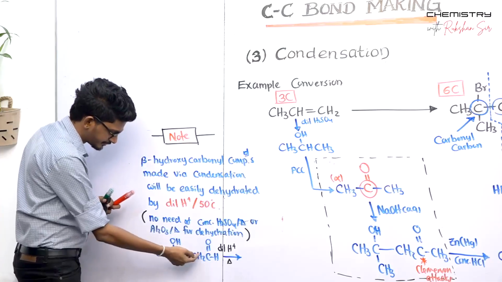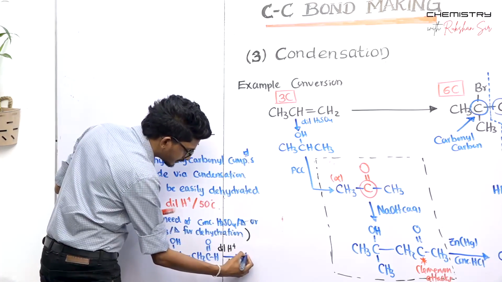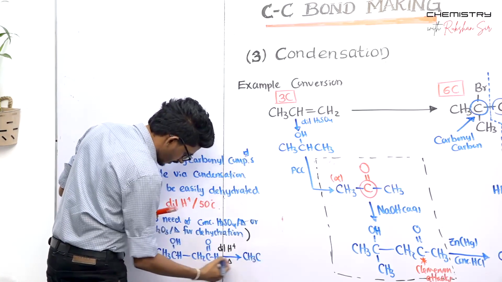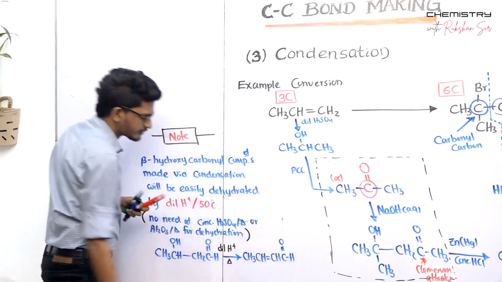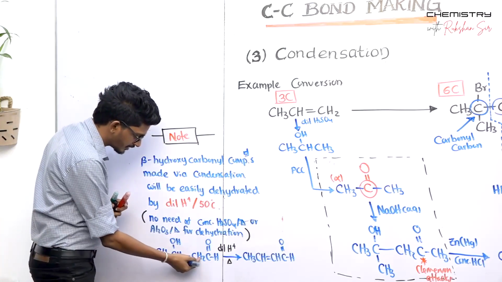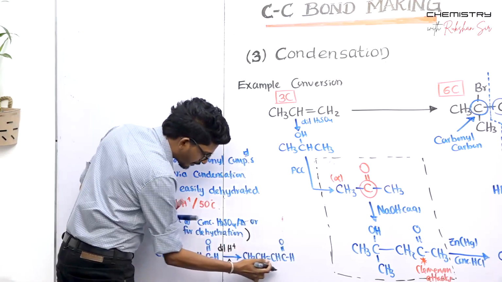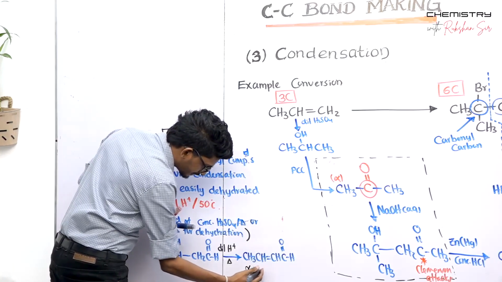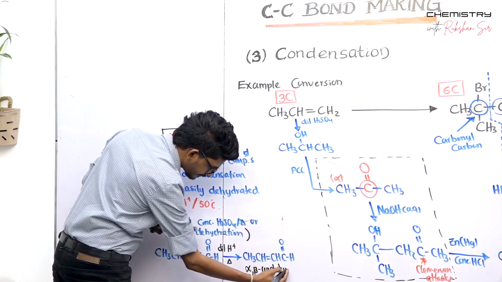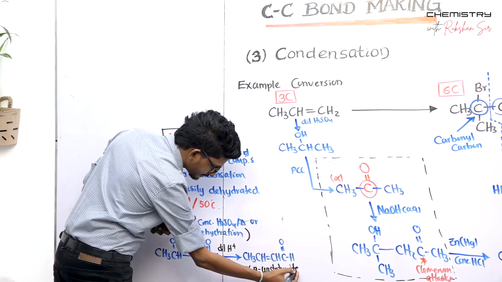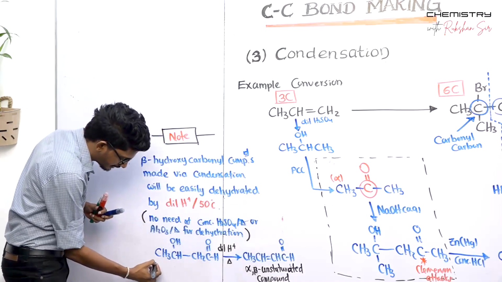This OH will be removed with this hydrogen, so you will ultimately get this compound with a CH double bond CH, giving you an alpha beta unsaturated compound. This is your beta-hydroxy carbonyl.